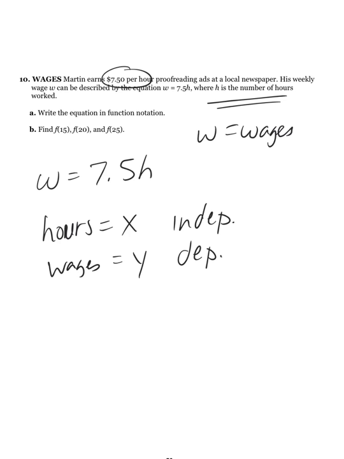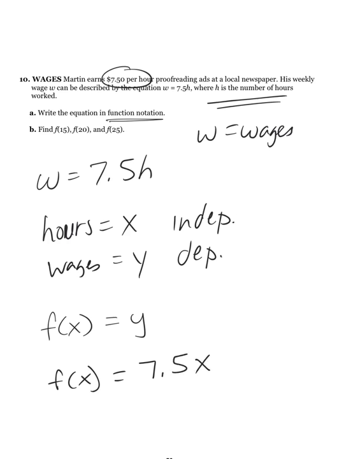So function notation is simply putting it in f of x form. So remember f of x equals y, right? So could I say f of x equals 7.5x?